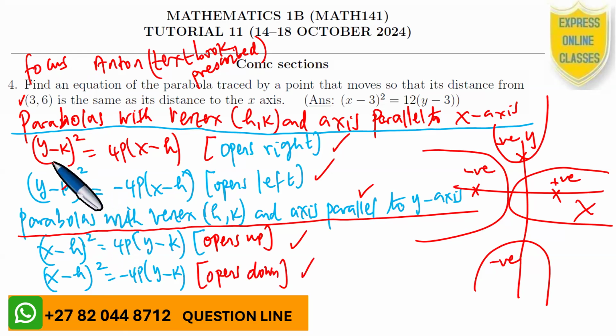So you would have an x minus 3, and then you would have a 4p, and you have the y minus what? If it's y minus a certain number, what number would that be?